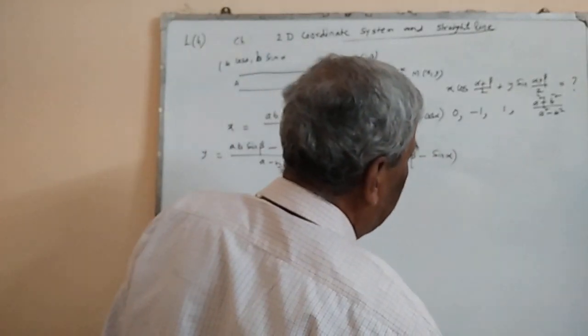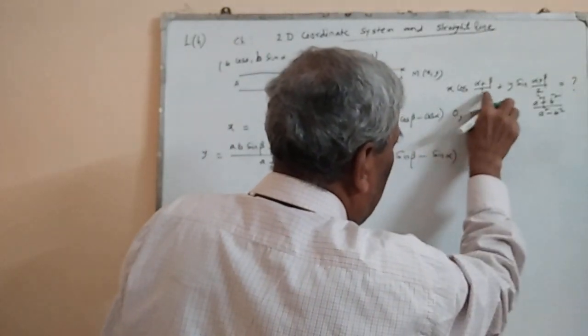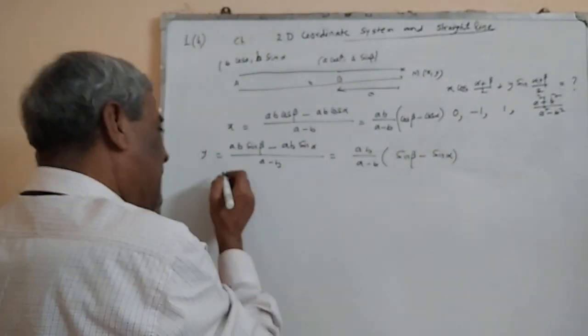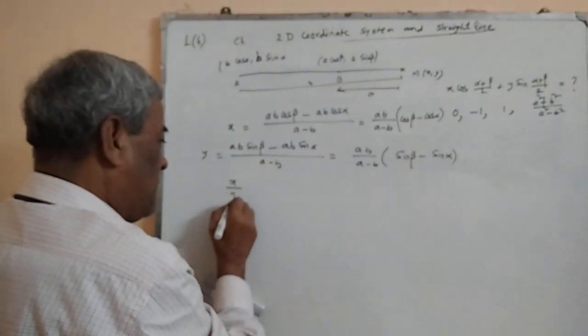We have to find out the value of x cos of this plus y sin of that. Find x by y first.